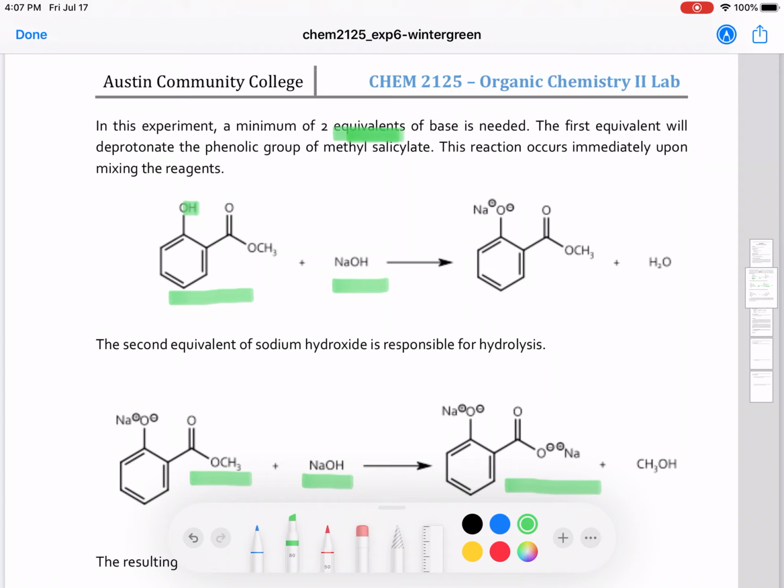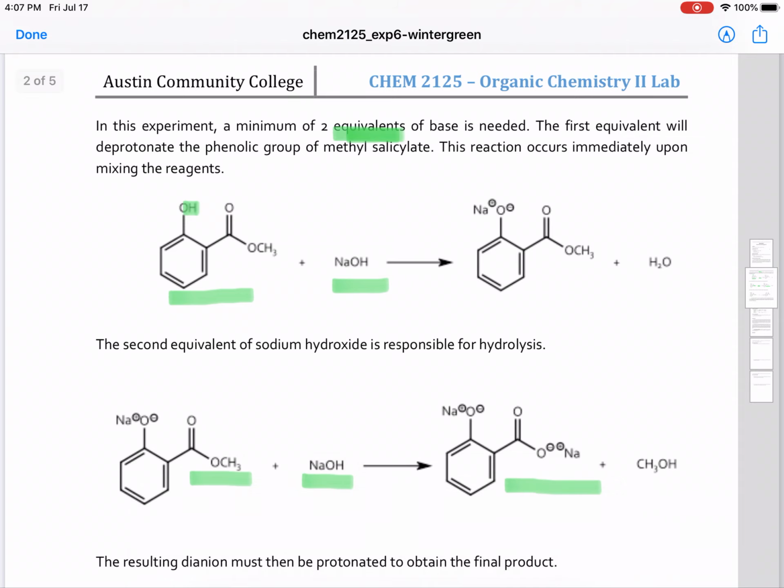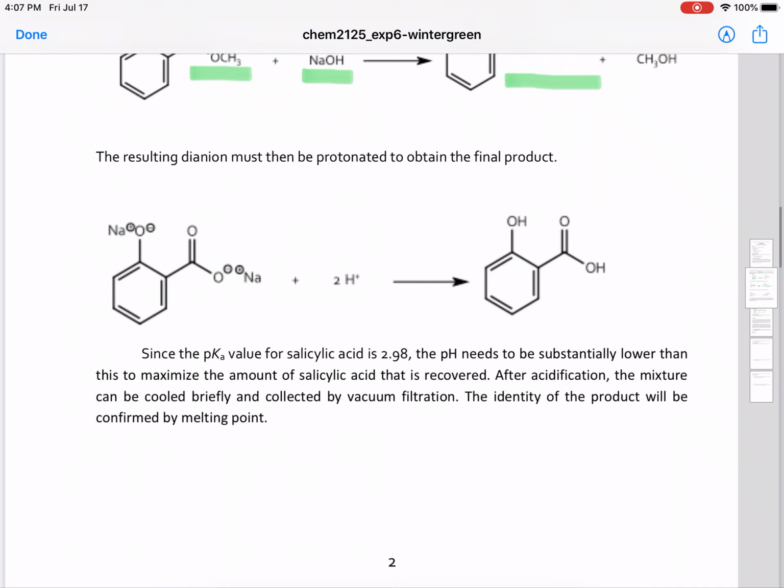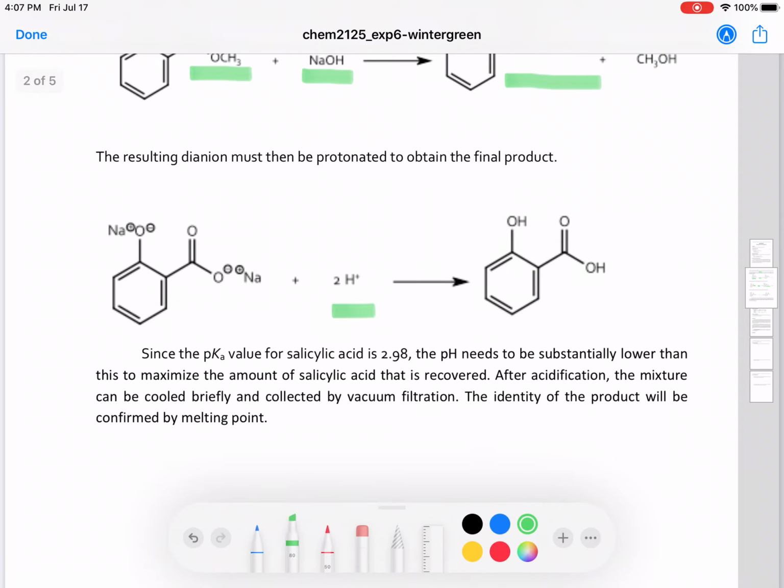oil. And then in the second step, we're going to be adding hydrochloric acid over here. So the 2 salts, you see, the carboxylate anions, will be converted to salicylic acid, and this is salicylic acid.